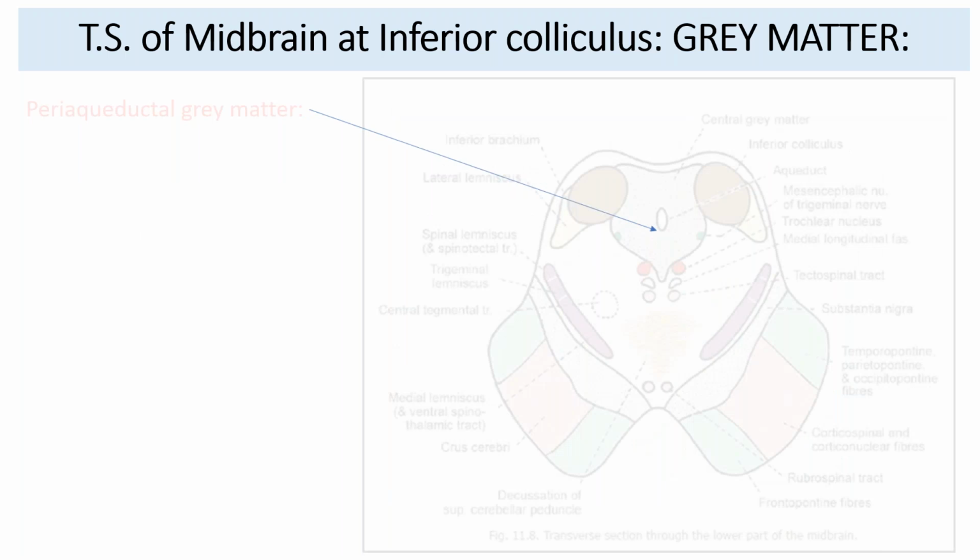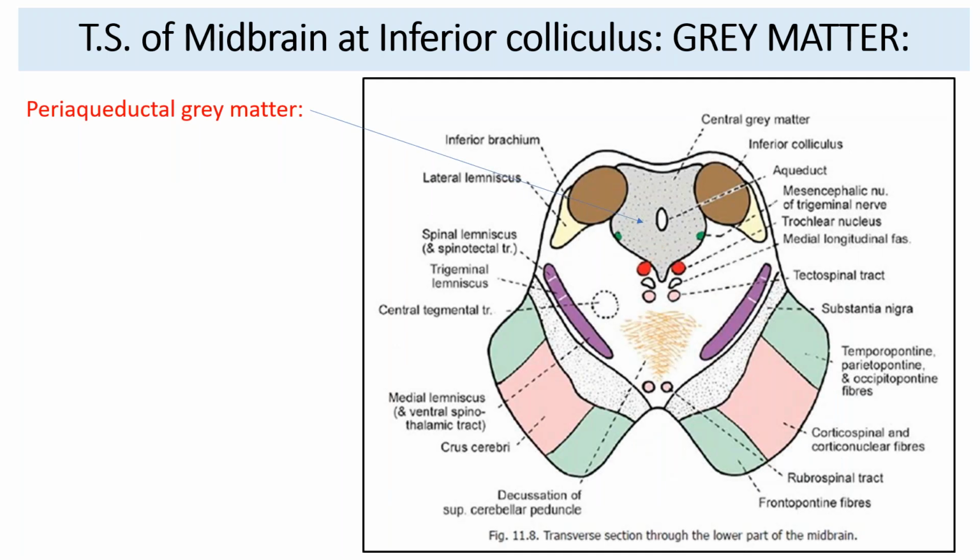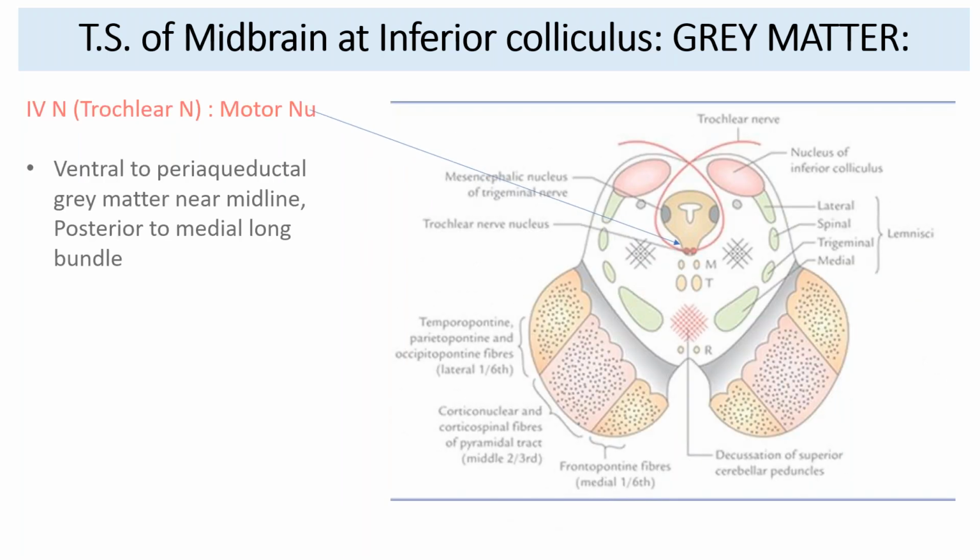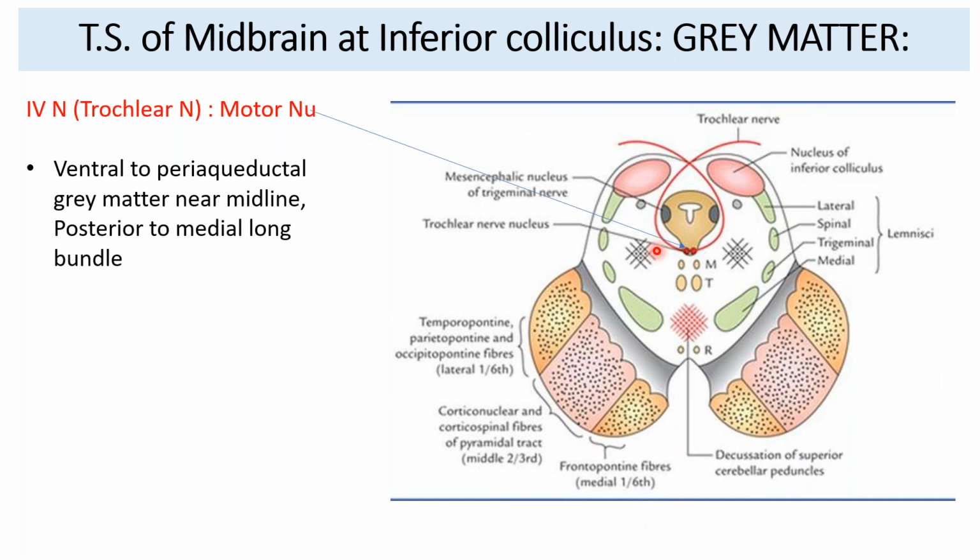The second thing after periaqueductal gray that you have to draw is the trochlear nerve, the motor nucleus of the trochlear nerve. In the previous picture, the fiber was not shown arising from the trochlear nerve nuclei. So in the same picture, because of the arrangement of the fiber, I've shown you this particular cut section.